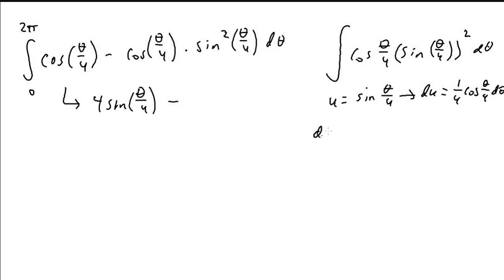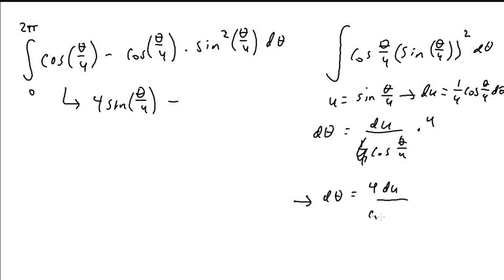So then if I isolate d theta, it is going to be equal to du over 1/4 cosine of theta over 4. And since we're dividing by a fraction 1/4, we can multiply by the reciprocal. So we get times 4. So then d theta is going to be equal to 4 du over cosine of theta over 4.